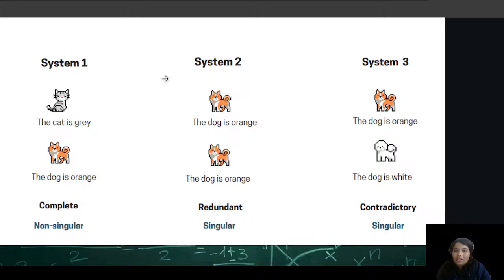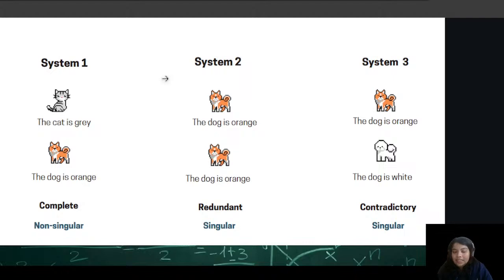So we are getting one piece of information, and as the system is singular, because we are not getting much independent information, the informativeness of the system is very low. So we call it singular, and it's very redundant, because the dog is orange and orange; it is not giving us any meaning other than that the dog is orange.